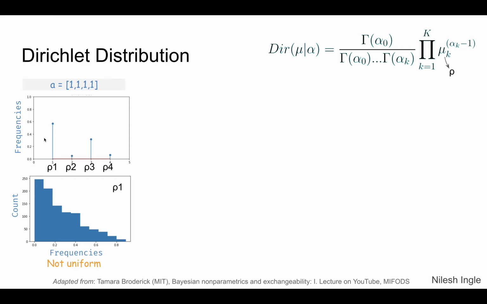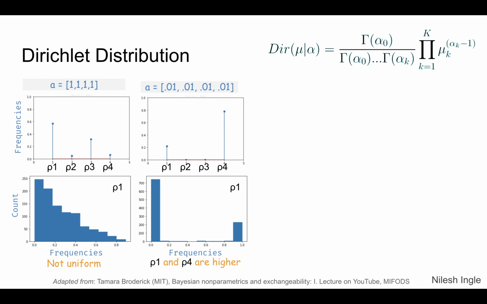And if we pull just row 1 and sample it several times, we get a distribution shown down below, which is not uniform as compared to what we saw earlier for the beta distribution, which was very close to the uniform shape.